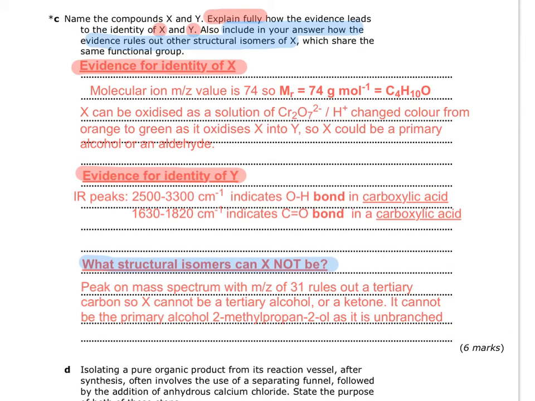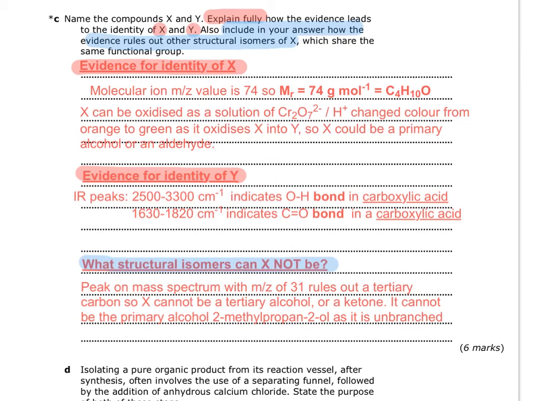So what we're doing is we're looking at what is the evidence for X and then what are we ruling out, what it can't be. So we know it could be a primary alcohol or an aldehyde because that's the only kind of thing that would oxidize into a carboxylic acid, because you have two pieces of evidence for what Y is. So therefore, it can't be the primary alcohol 2-methyl-propan-2-ol, as we were told in the question, weren't we, that it's unbranched.